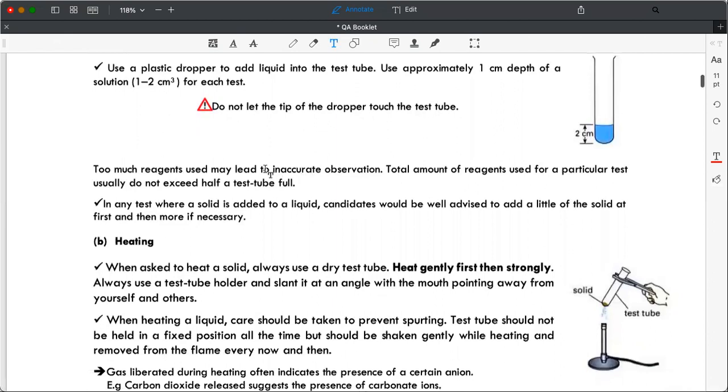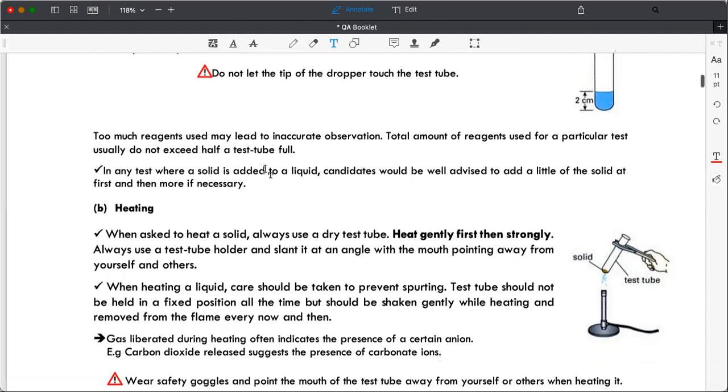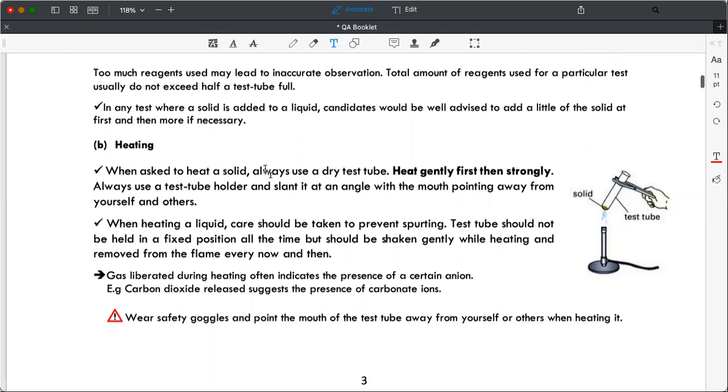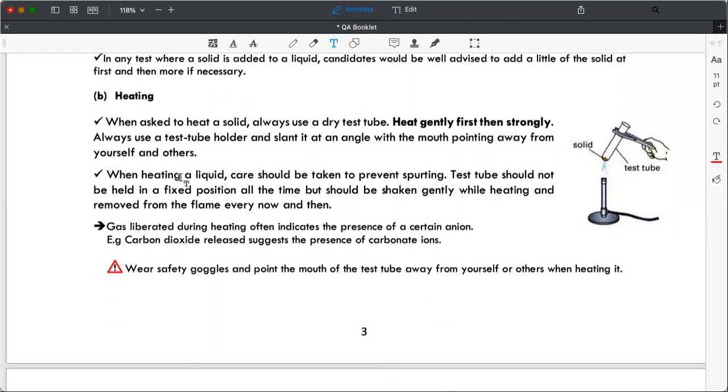Too much reagent use will lead to inaccurate observation. Total amount of reagent should not exceed a test tube full. So if you are required to add a series of reagent, it should not be added to a test tube full. In any test where the solid is added to a liquid, the candidates will be well advised to add a little of the solid at first and then more if necessary. Okay, so these are the precautions.